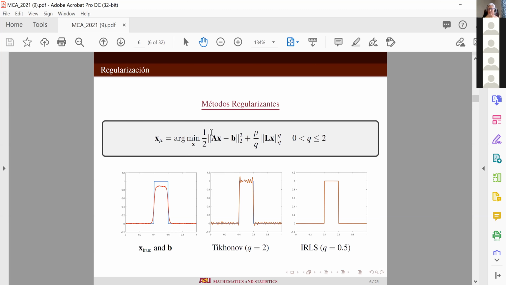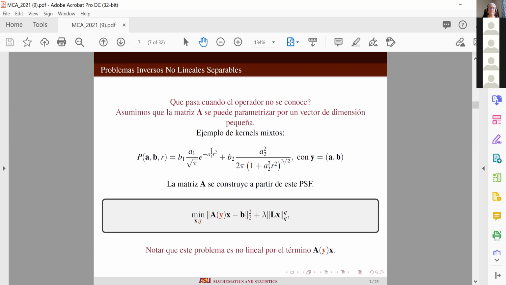So for example, here I'm going to assume that the way that this is deformed follows certain functions. So here I have an exponential function. Here I have something that is another bump.